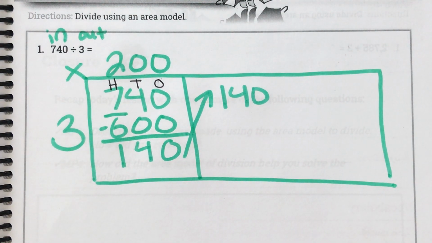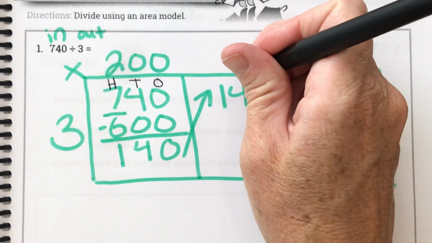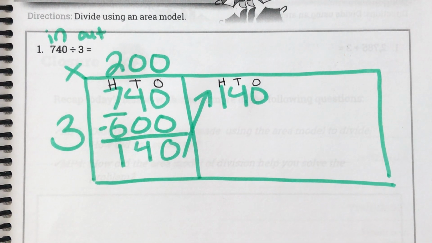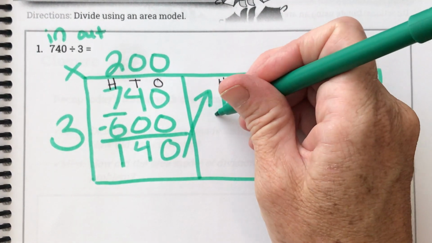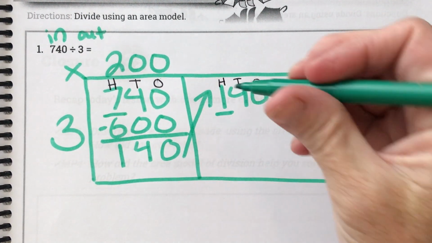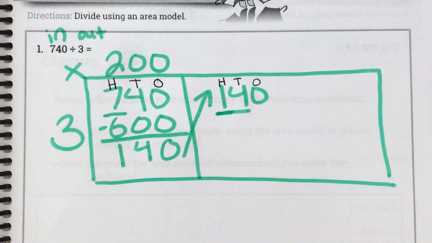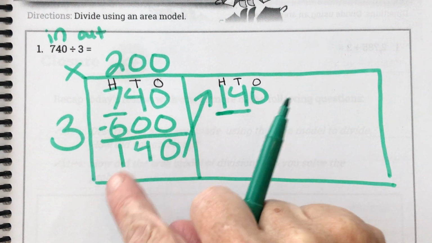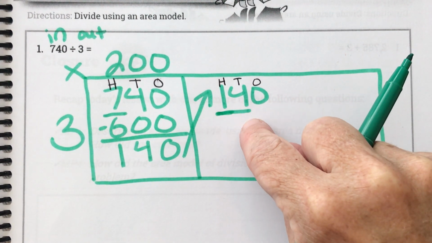Okay, let's do our place values really quick. We have ones, tens, hundreds. Okay, and we're going to start again. 3 can fit into 1, not at all. 3 can fit into 14 4 times, right? Because 4 times 3 is 12, but 5 times 3 is 15, so 5 would be too big.